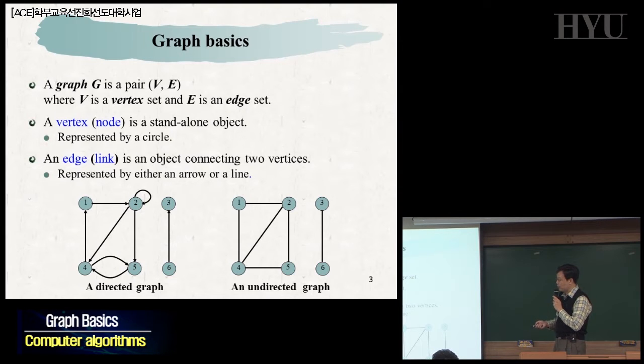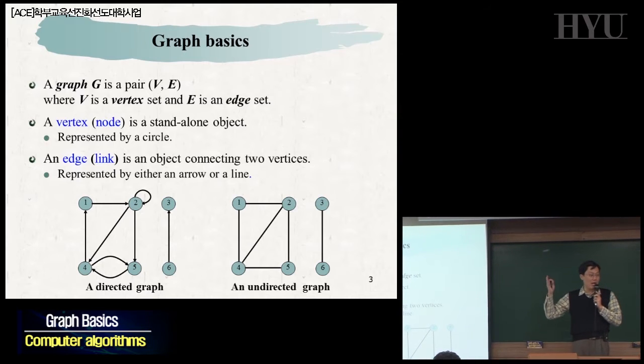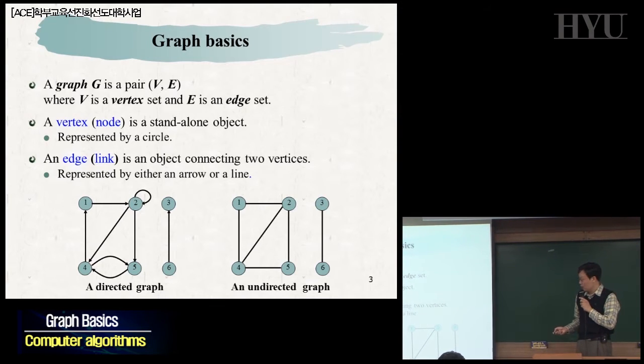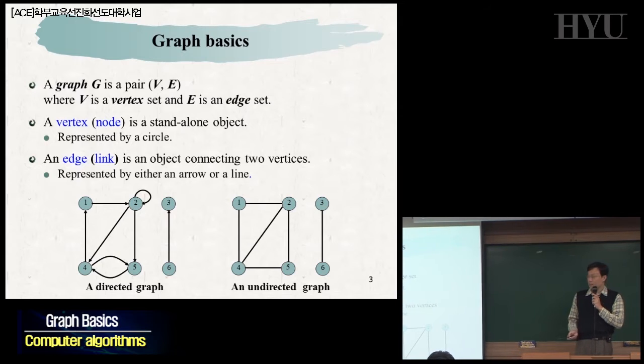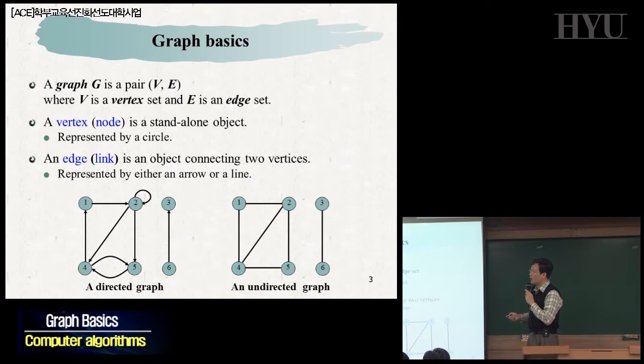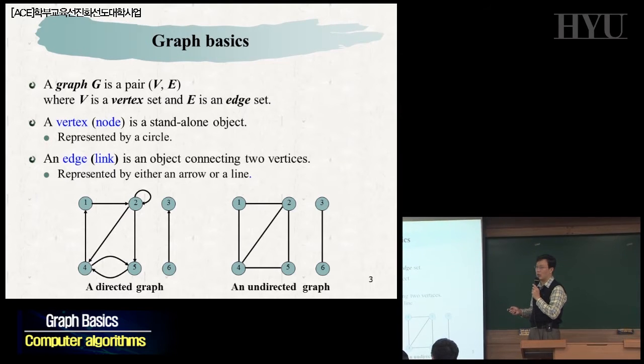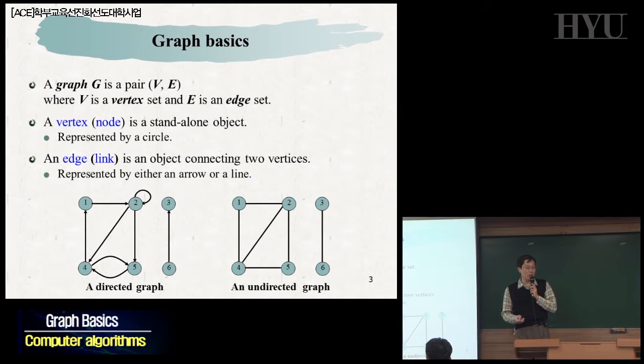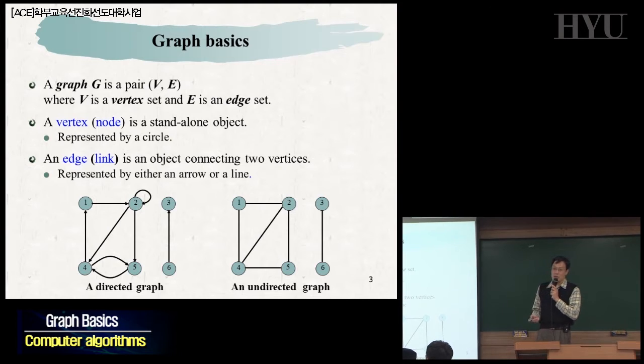If it is a directed graph, edges are represented by arrows. And if it is undirected, edges are lines. There are other names: a vertex is sometimes called a node, and an edge is called a link.